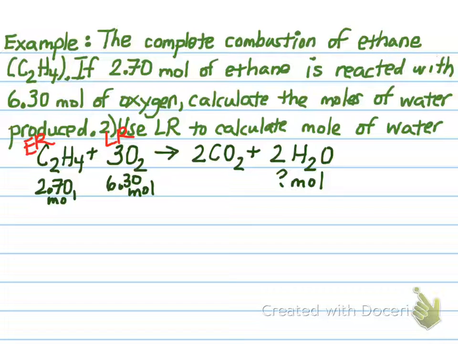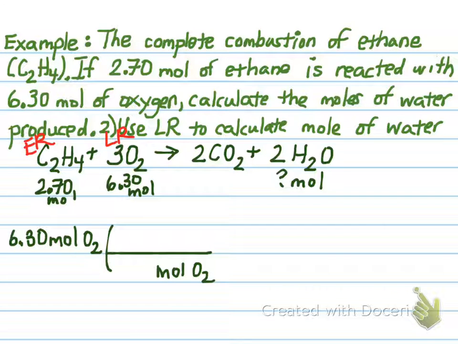So again, should I start with my 2.70 moles or do I start with my 6.30 moles? Remember, on our notes, we said we must use the limiting reagent to calculate the amounts of our product. So we have to start with the 6.30 moles of oxygen because oxygen is our limiting reagent. Moles of oxygen go on the bottom, so they'll cross out.